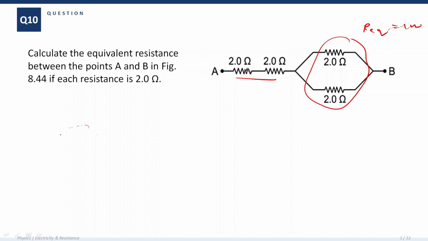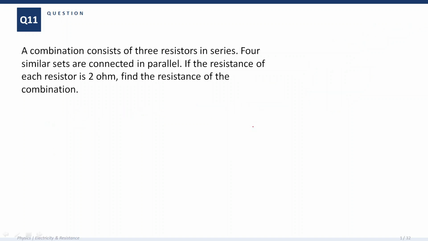Just now we have seen. Then the total resistance or equivalent resistance equal to 2 plus 2 plus 1 equal to 5 ohms.